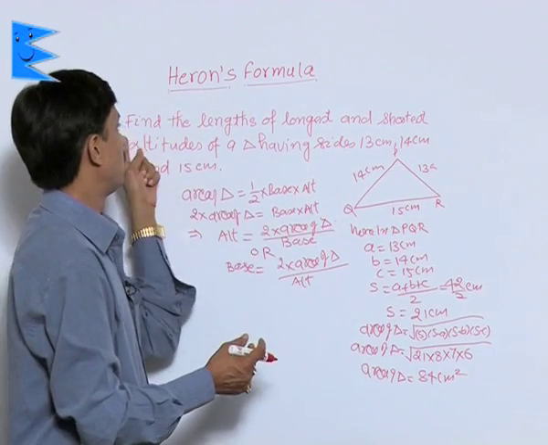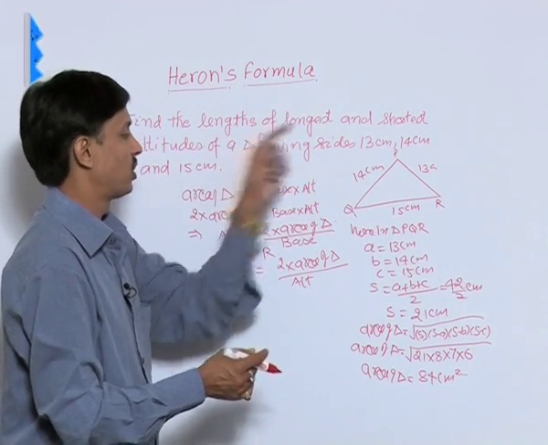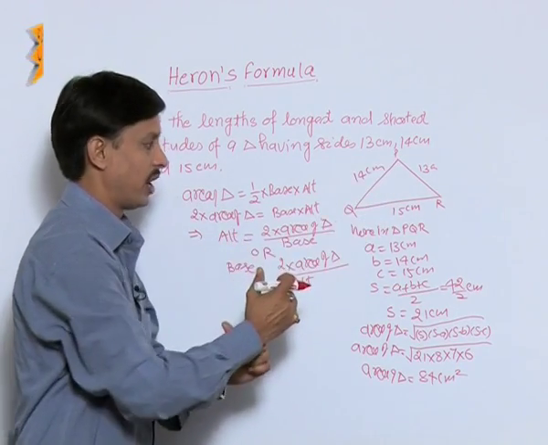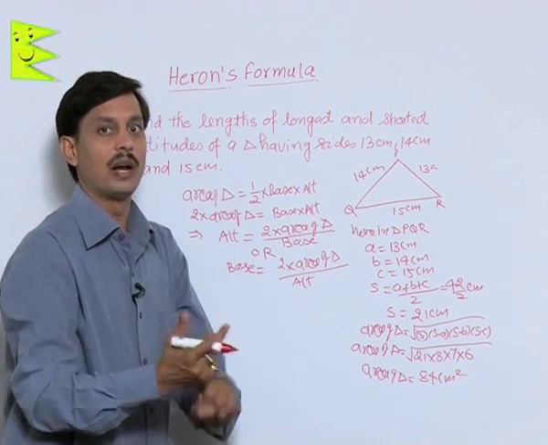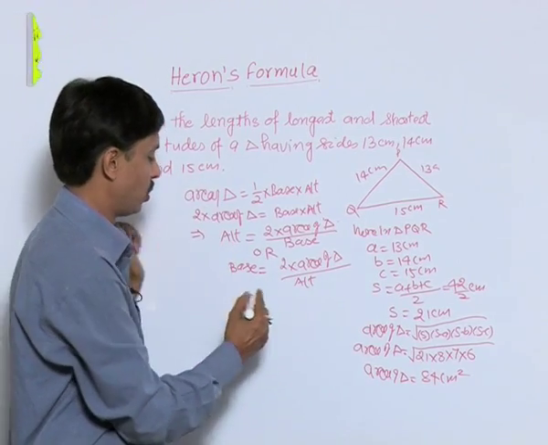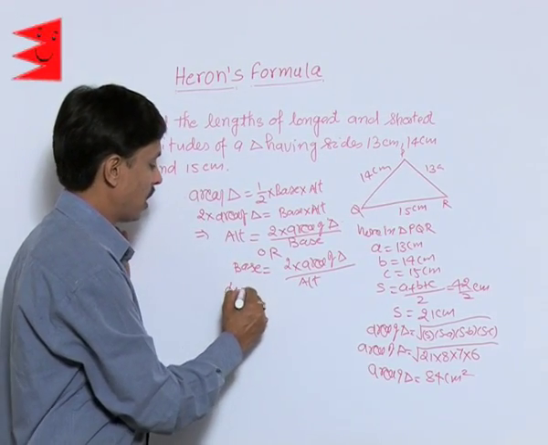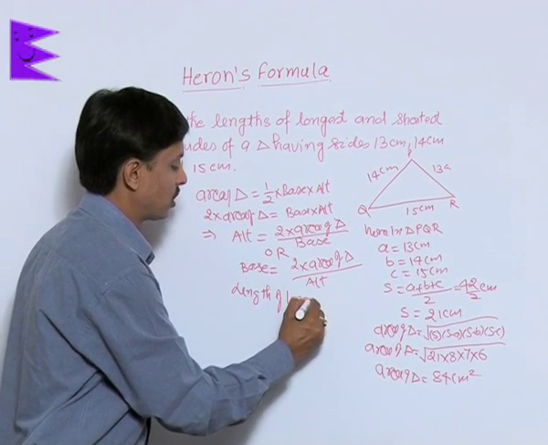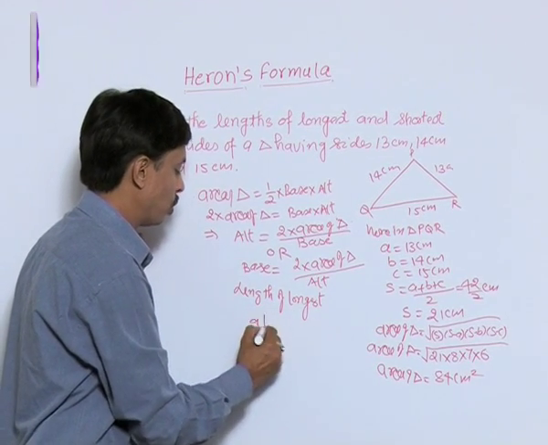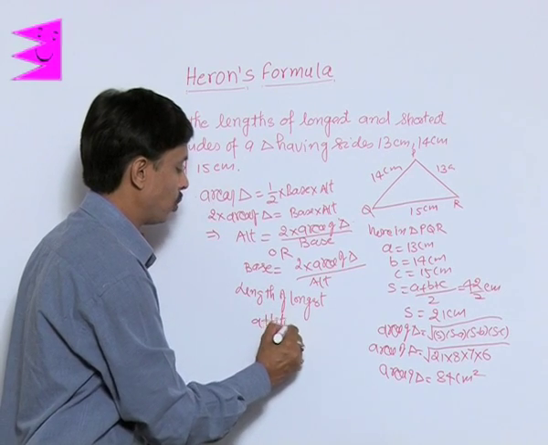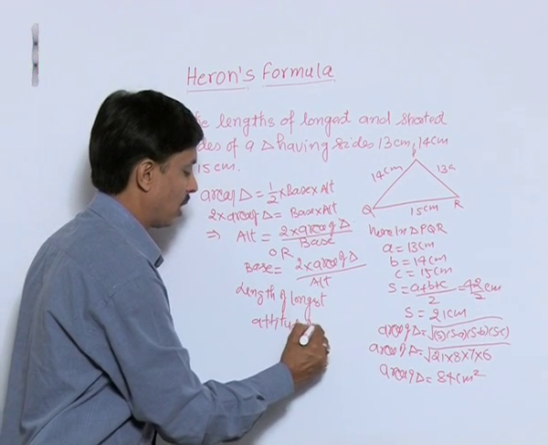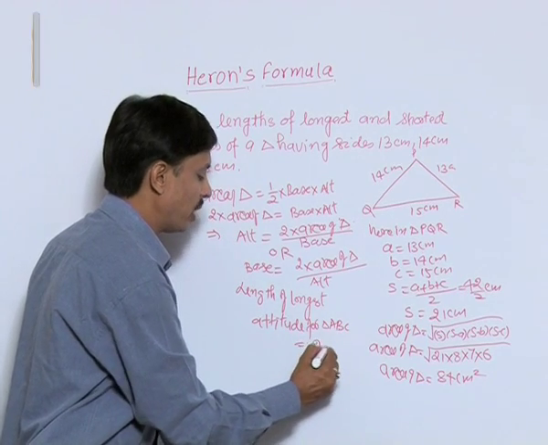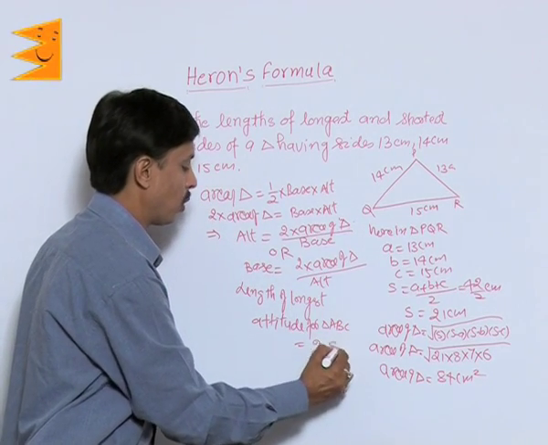Now the question is, find the length of longest and shortest altitude. Because area of the triangle will not change, if I want to calculate the length of longest altitude, I will write here length of longest altitude for triangle ABC will be 2 into area, 84.